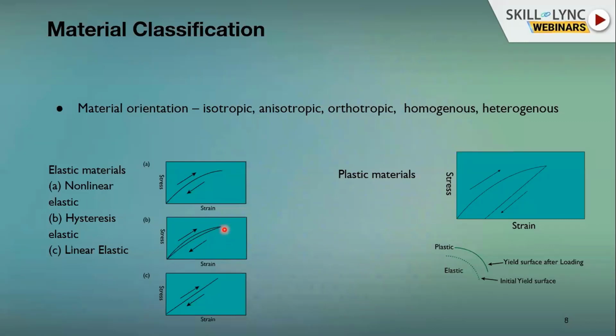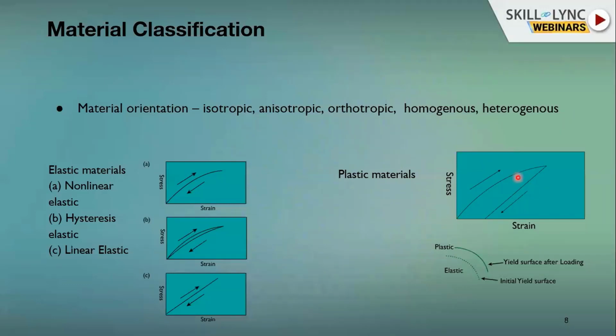So when you remove that, definitely it is going to have a different stress-strain characteristic. However, it will reach the point 0 with no plastic strains left. There will be very, very minimum plastic strains, but those plastic strains are of high importance when we deal with the hysteresis elastic material.